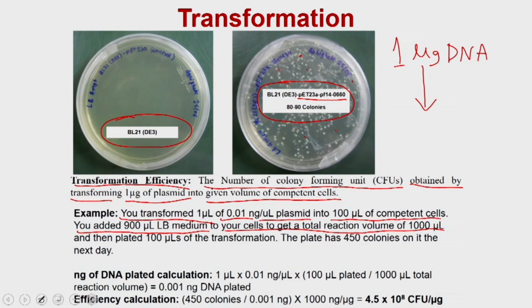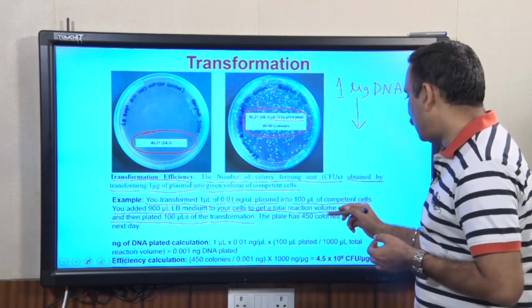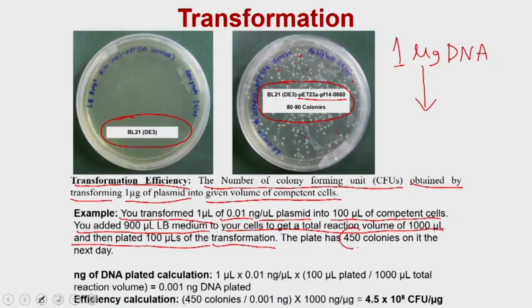From this 1000 microliters you have taken only 100 microliter and plated it. Then you put the plate into the colony counter. If you remember, we discussed the colony counter when we were talking about microbial growth kinetics. The number of colonies you got in the colony counter is 450 colonies.